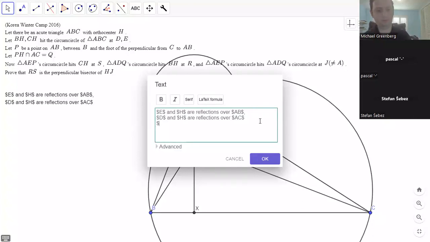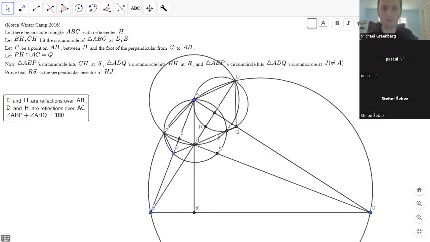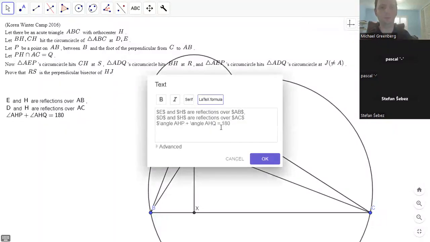So for now, I'm going to show that these circles concur on PQ. If this is true, then AEP plus ABQ equals 180.